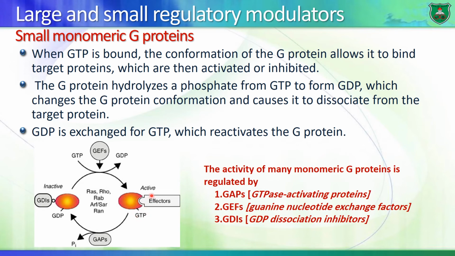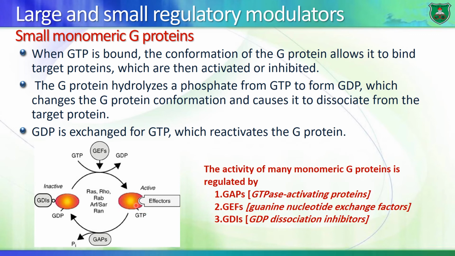Now when these small monomeric G proteins are bound to GTP, they are active. And just like the alpha subunit in G proteins, when they are bound to GTP, they can bind to enzymes like RAF, or the MAP kinase pathway, activating this signaling pathway.